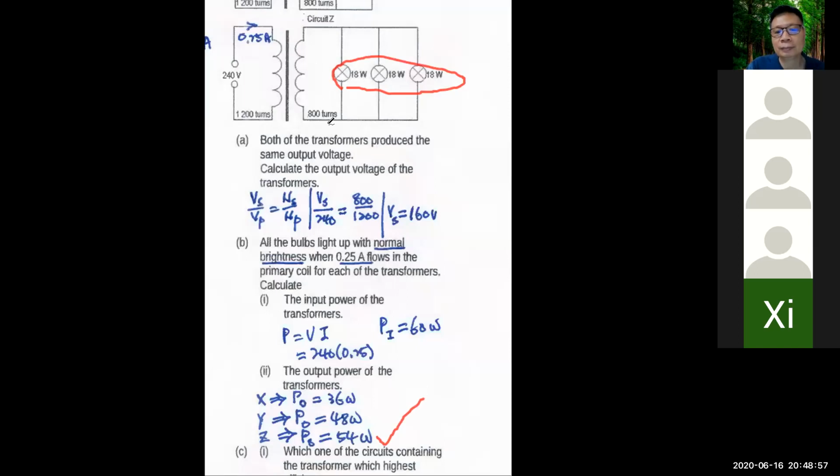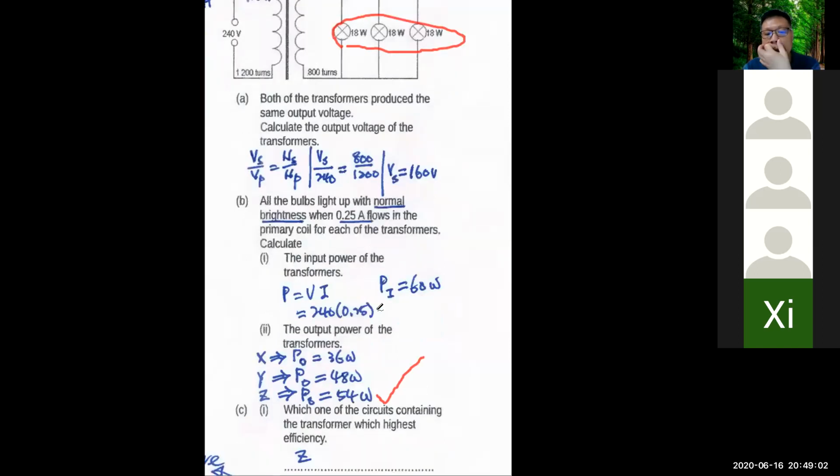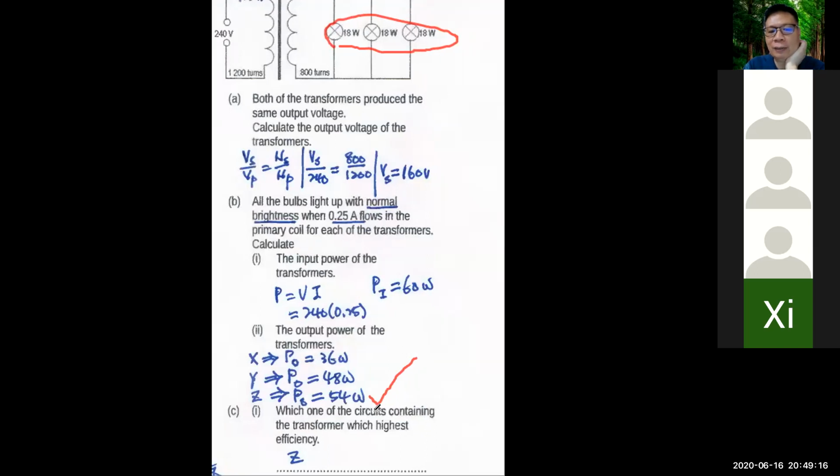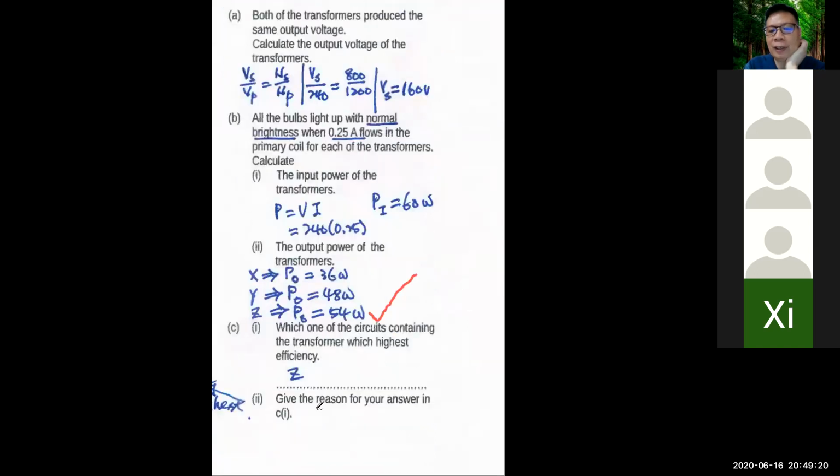Yeah. So far understand? Okay, now next. Which one is the best? So the answer is Z, right? But I do want to tell you the answer lah. Why is Z the best then? How to give the answer? Why is Z the best? Xia Xing Yin, why is Z the best? Xia, give a reason.